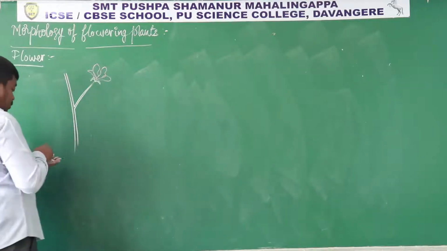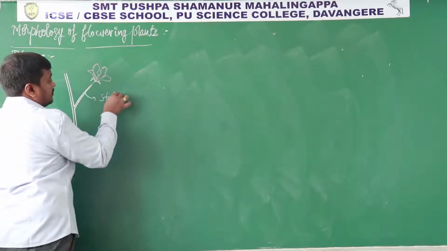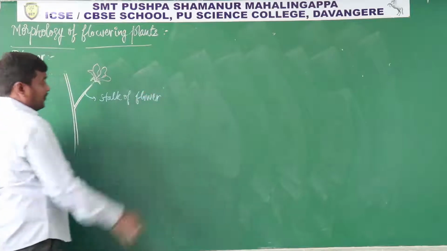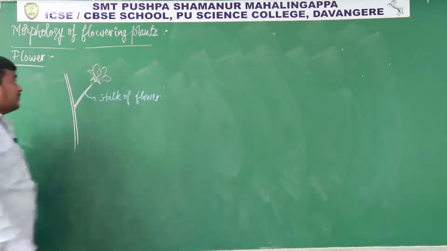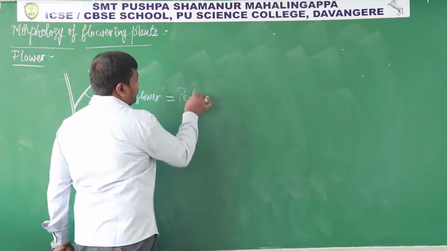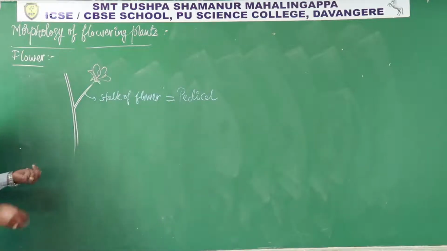Suppose this is the stalk of a flower. This stalk of a flower is called the pedicel.